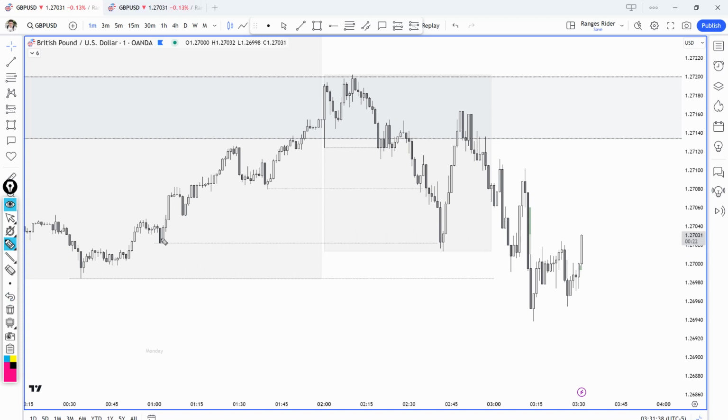Then I have the next stop here. If I don't find the entry here, then this is the final stop, and I will not enter if the price took the external range liquidity.